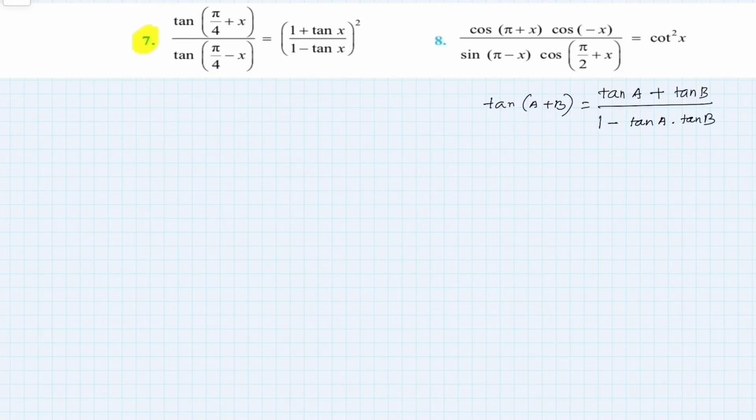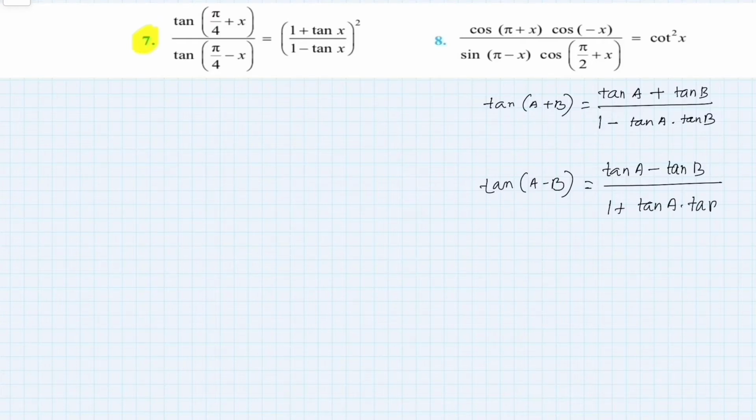And the next one is tan(a minus b), which is equal to tan a minus tan b by 1 plus tan a into tan b.